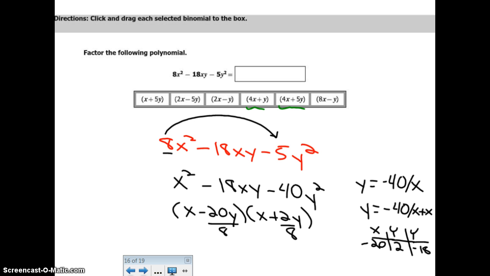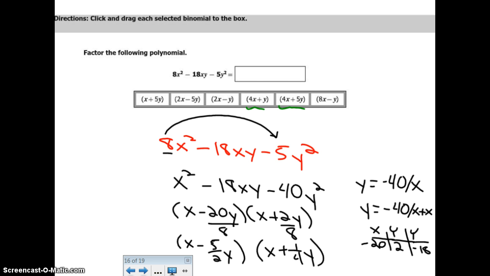You reduce the fractions. So let's do that: x minus 5 over 2y. And then you have x plus 1 over 4y.